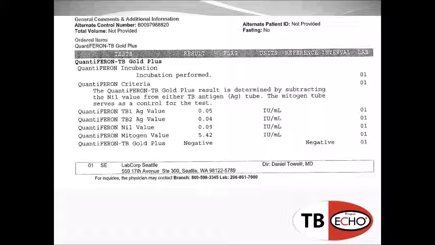So then we do the TB1 minus the nil, which gives us negative 0.04. And when we do the TB2 minus the nil, it's 0.05, so they're both under 0.35, which makes it a negative result.